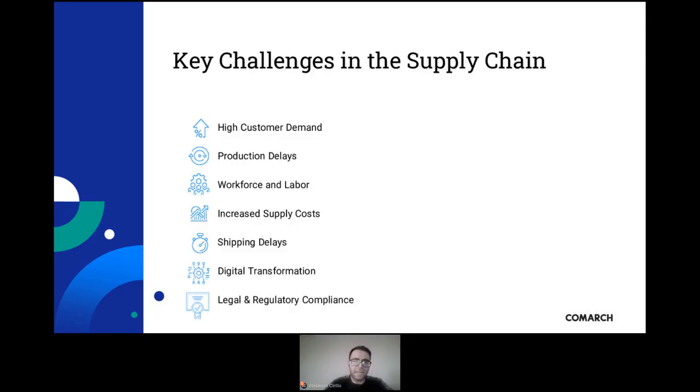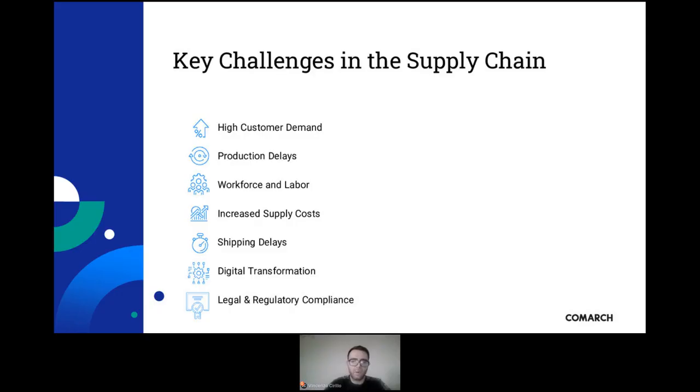Another challenge is legal and regulatory compliance. Organizations are grappling with many standards, laws and regulations to comply with in many areas of the business, to ensure procuring and manufacturing products.